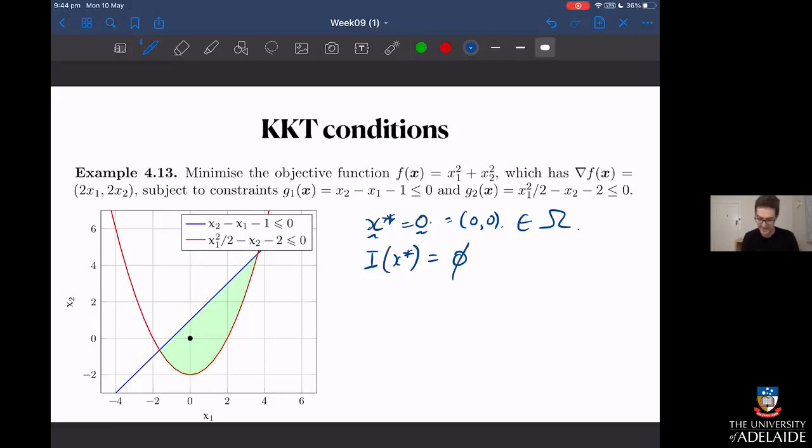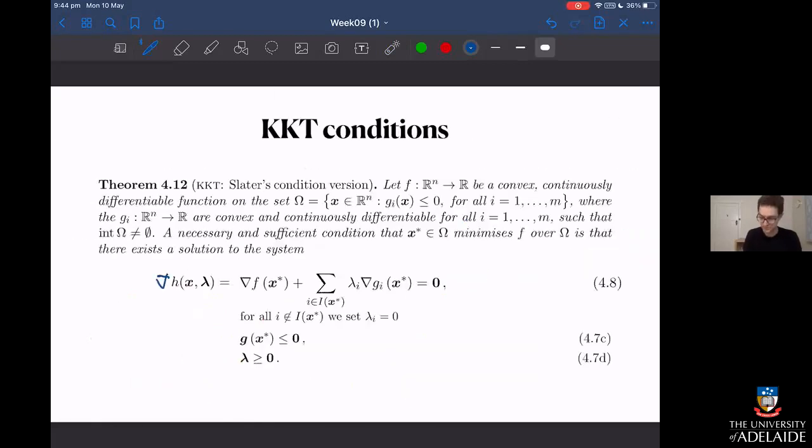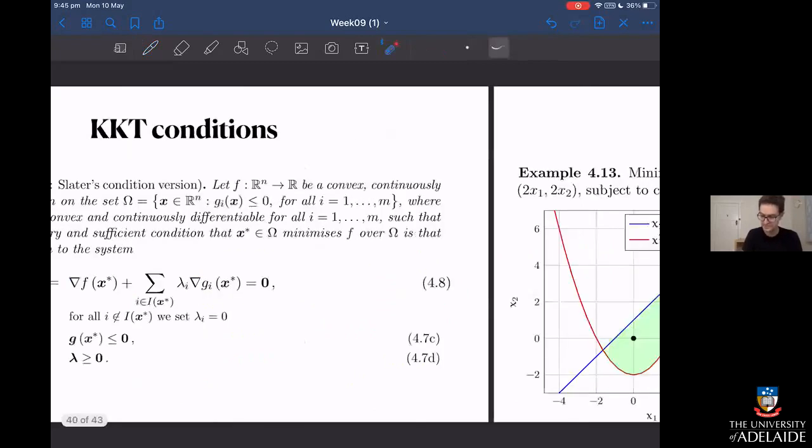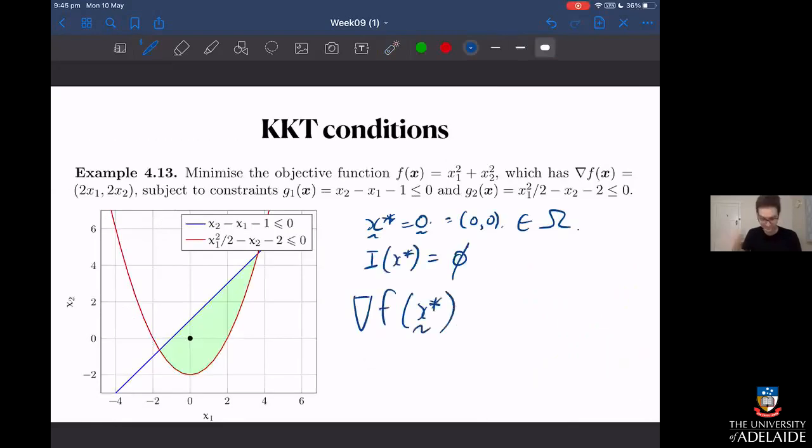So looking back at the KKT conditions here, this whole second term, which sums over everything in the active set, is equal to 0. So all I have here is that the gradient of f evaluated at this minimizer, x star, has got to be equal to 0.